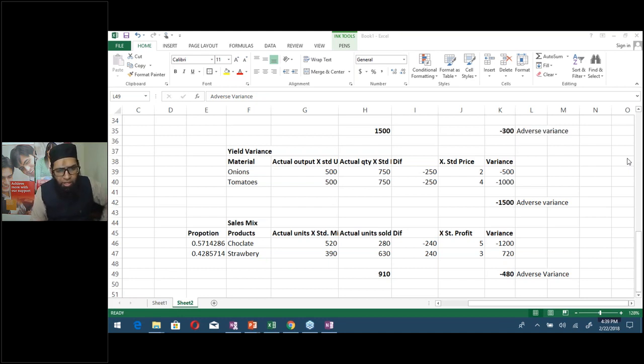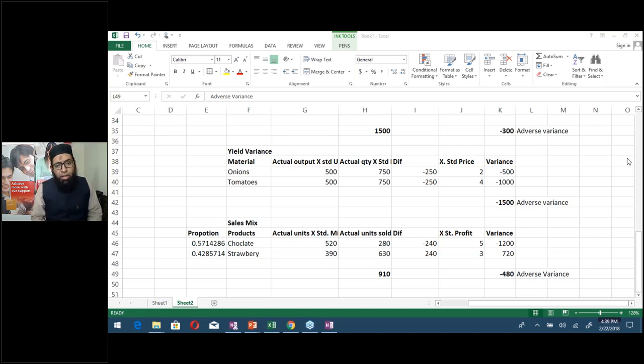Umar Yasin has asked a question: where are you going to use profit per unit or contribution per unit in multiplying by the difference? Here it is simple. If the examiner has told you that the company uses marginal costing, you will use contribution per unit. But if it says that the company uses absorption costing, you will use profit per unit.